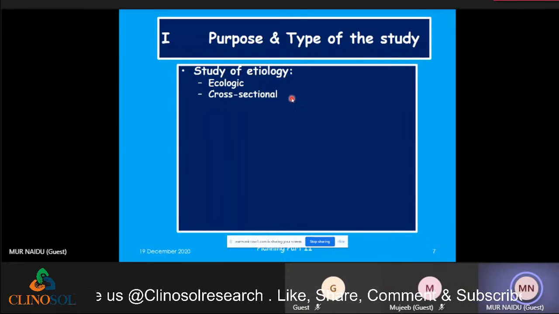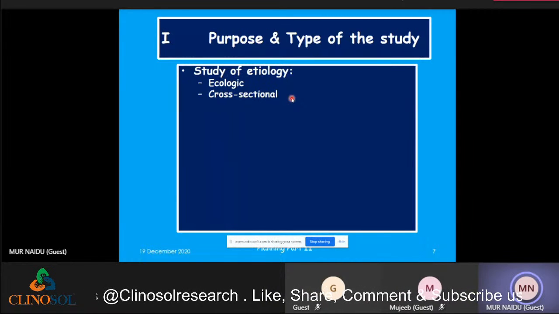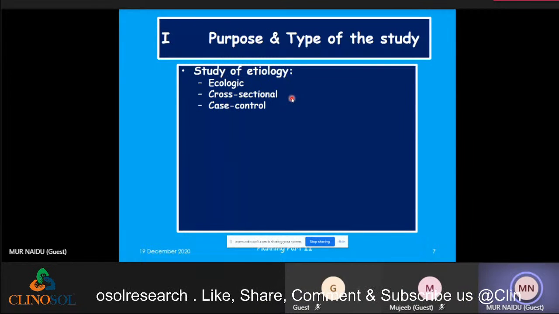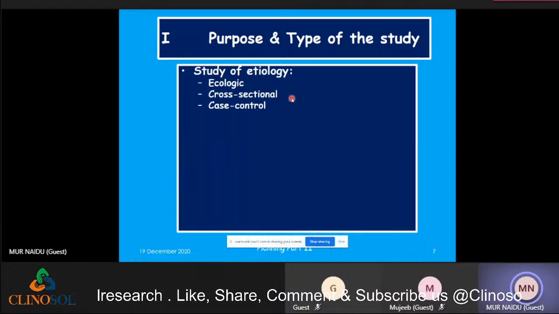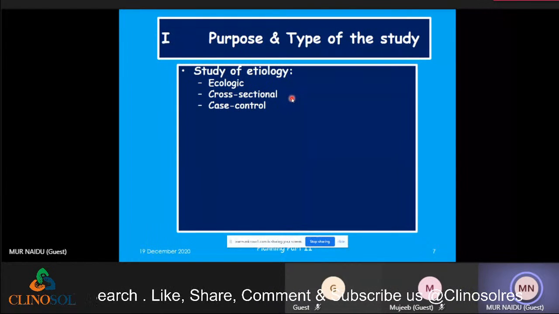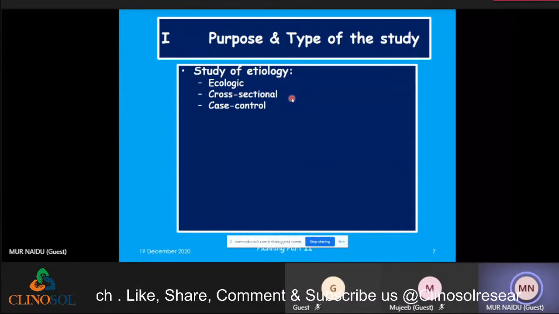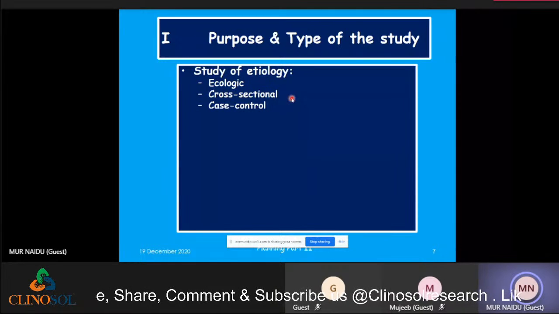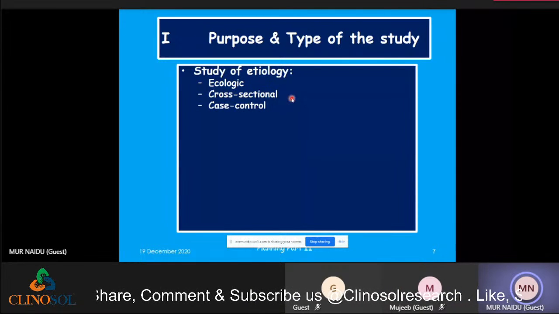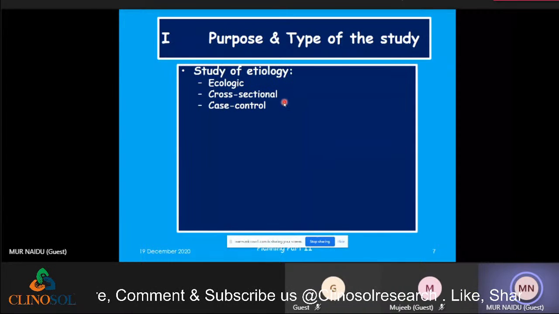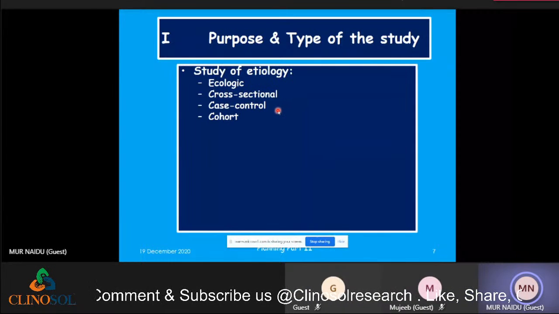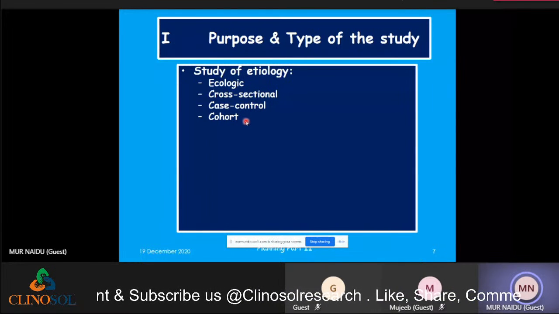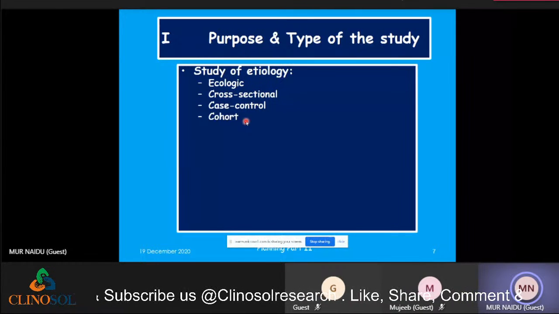Then there is the cross-sectional study, where a group of people are involved simultaneously and you are looking at them. Then a case control study. You have only one case or two cases which are admitted in the hospital, or they have come to you and you have identified them. This is a very common type of study where people submit the adverse drug reaction produced by a particular drug. Next is the cohort, where you have groups of people, group 1, group 2, and then you do the study.